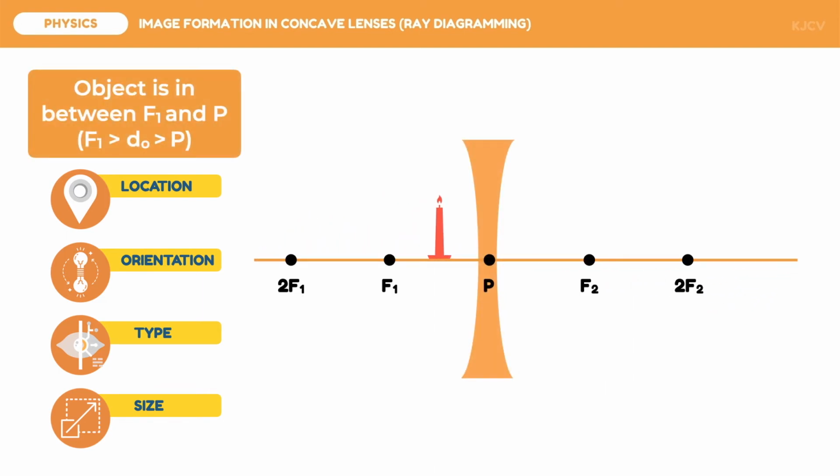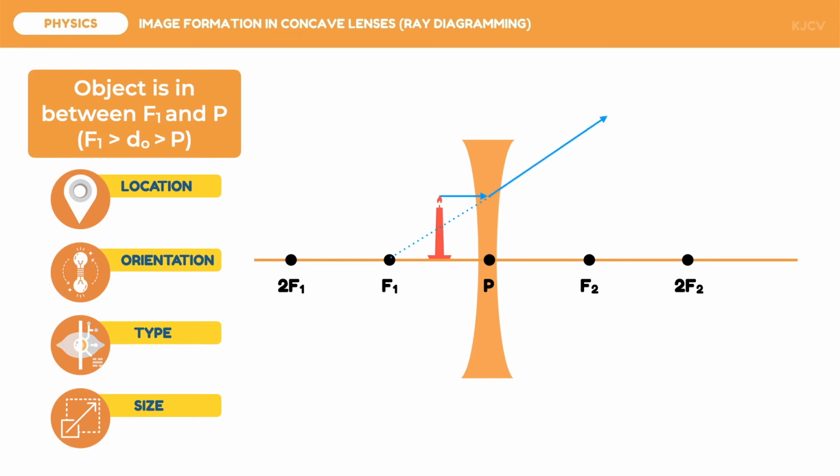Let us do the 3 rays for this diagram. First, we have the principal ray. It will be drawn from the tip of the object, then incident to the lens, but in a direction which is parallel to the principal axis. It would then refract away from the lens but with respect to f(1). Thus, we draw an imaginary line as a guide from f(1) to the point where the incident principal ray reached the lens. From this, we now draw the refracted principal ray.